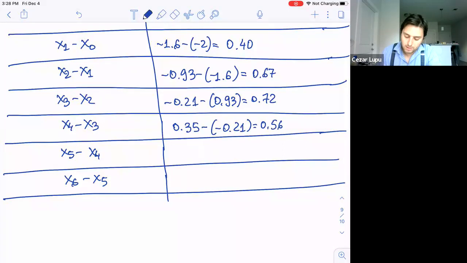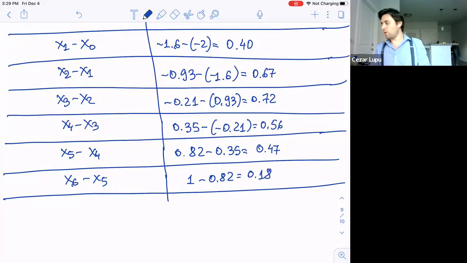And now x5 minus x4 will be 0.82 minus 0.35, which is nothing else than 0.47. And the last one is 1 minus 0.82, which is 0.18.